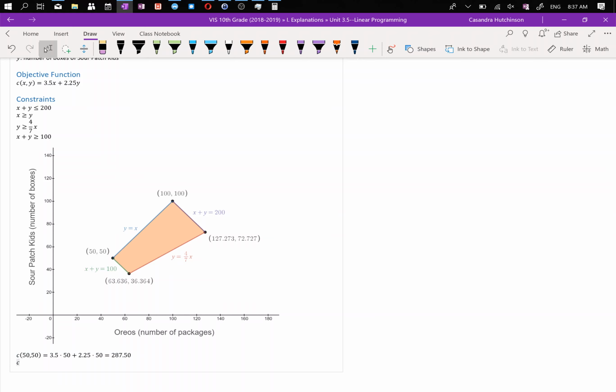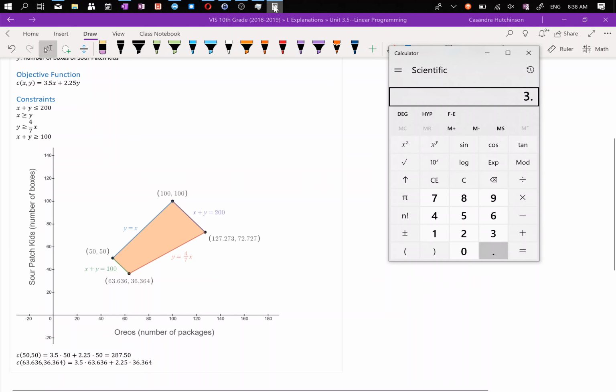So I have to check all of my points. This is not ideal. This is a rounded number now. It would be better if we were using the non-rounded number, but here we are. 63.636 plus 225 for every Sour Patch Kid, 36.6364.